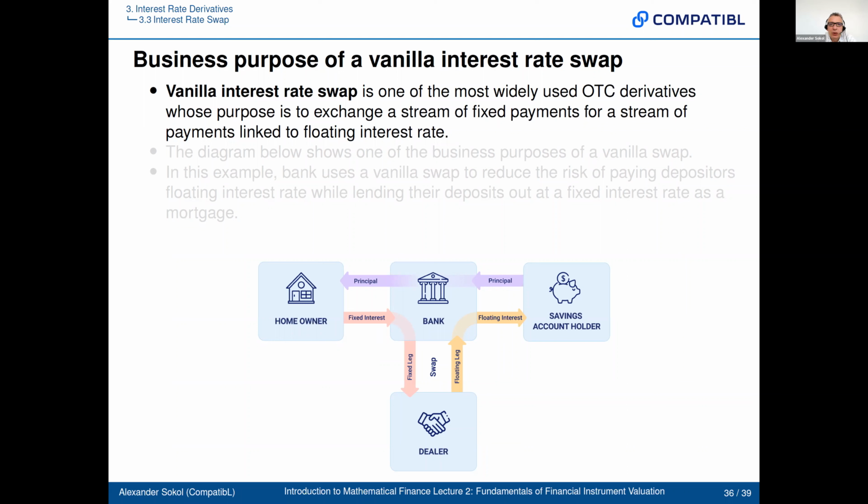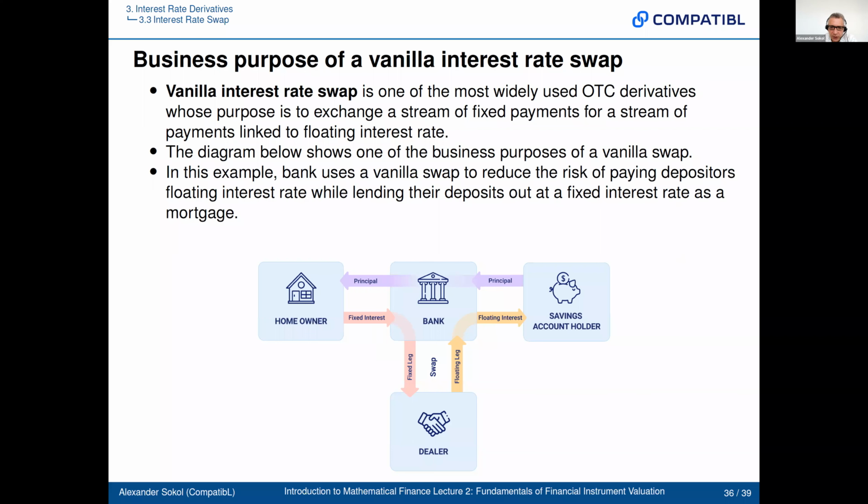It's one of the most frequently used liquid derivatives with the highest volume, meaning the highest principal amount invested. Its purpose is to exchange a stream of fixed payments for a stream of payments linked to a floating interest rate. The reason it's so popular is that it serves a very specific and extremely important business purpose.